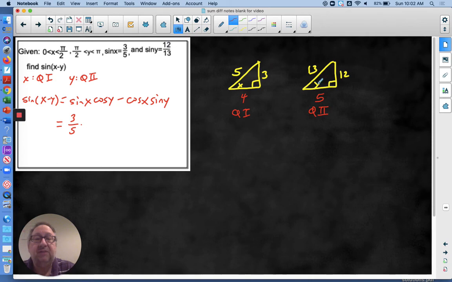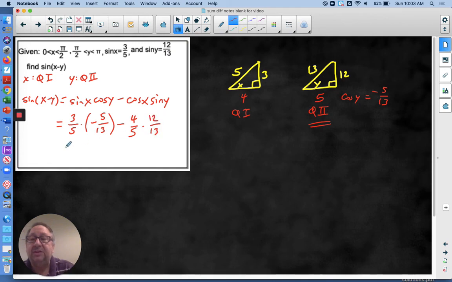The cosine of y is 5/13, but it's quadrant 2, where cosine is negative. So the cosine of y is actually negative 5/13 minus cosine of x, coming from triangle of x, 4/5, quadrant 1, it's positive. This minus just carried through. Finally, the sine of y was given to us as 12/13.